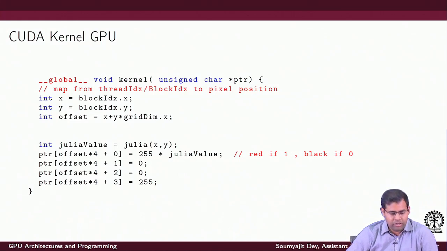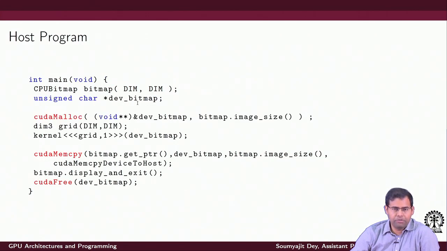What does the GPU kernel do? The GPU kernel first identifies the x and y values. That is, it can find them out based on blockIdx.x and blockIdx.y. Now to get an idea of how this block is defined, let's go further to the host program.